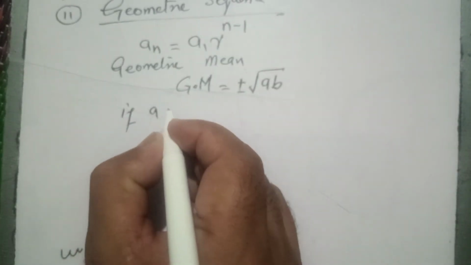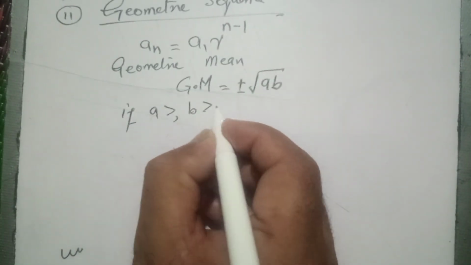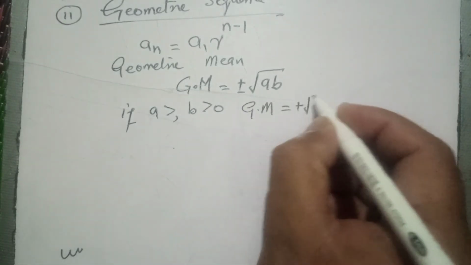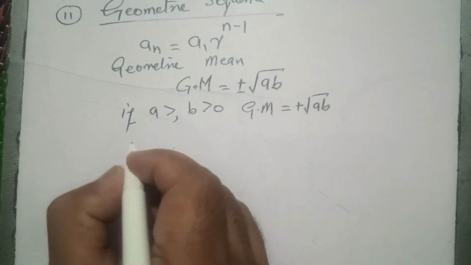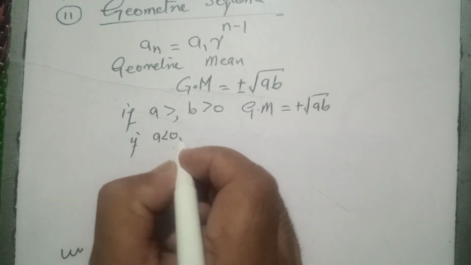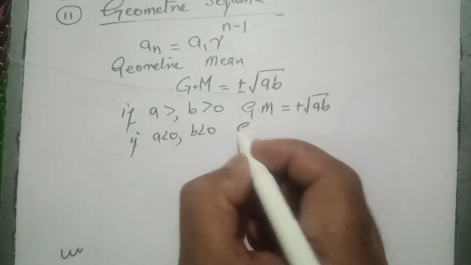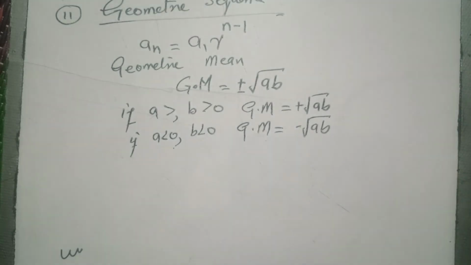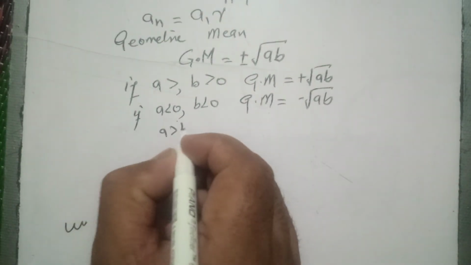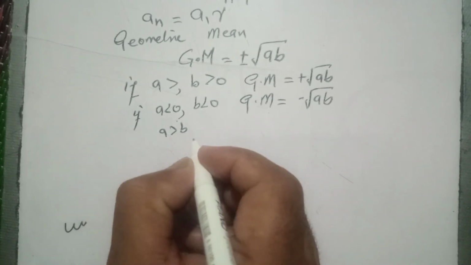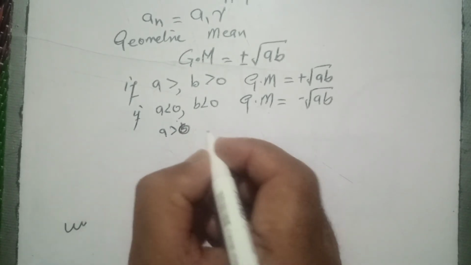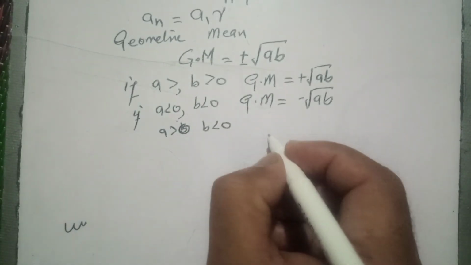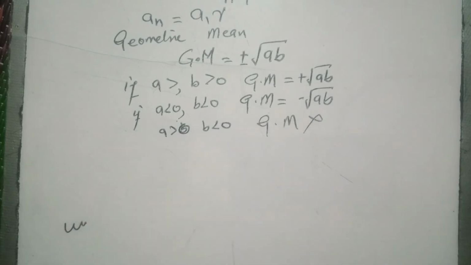If a greater than 0 and b greater than 0, then the geometric mean is equal to plus square root of ab. If a less than 0 and b less than 0, then the geometric mean is equal to minus square root of ab. If a greater than 0 and b less than 0, or a less than 0 and b greater than 0, then the geometric mean doesn't exist.